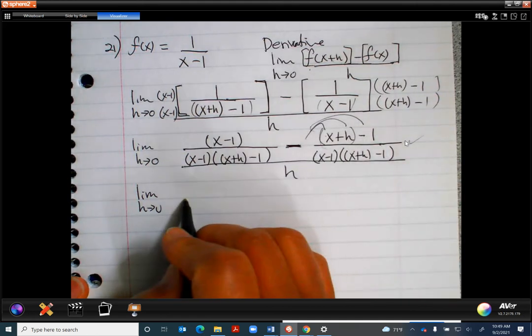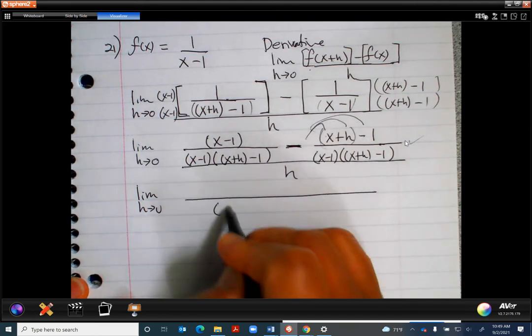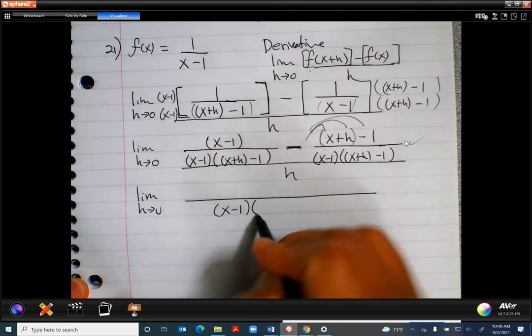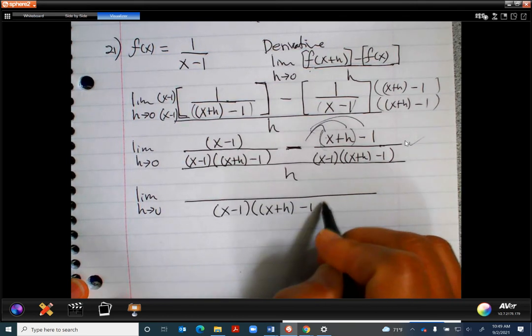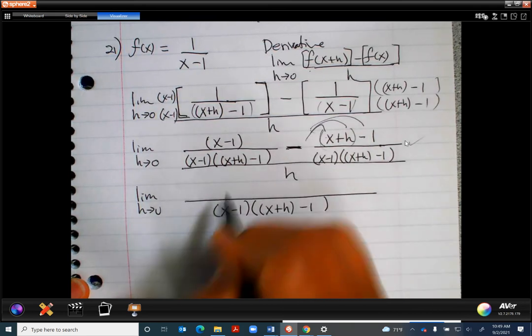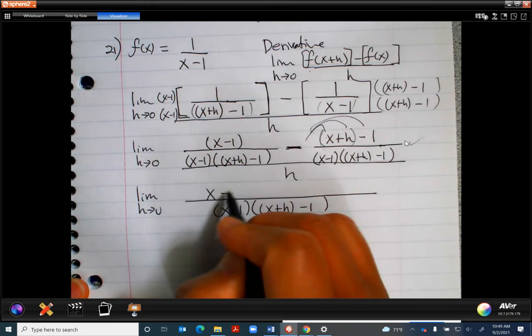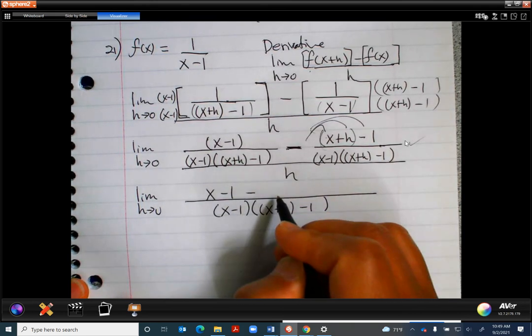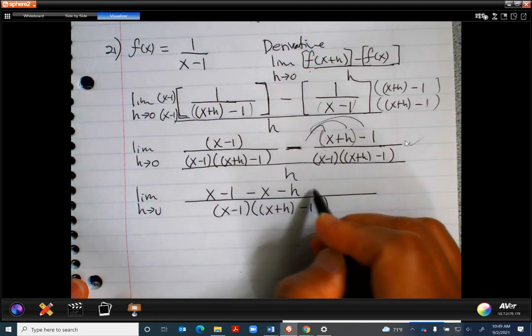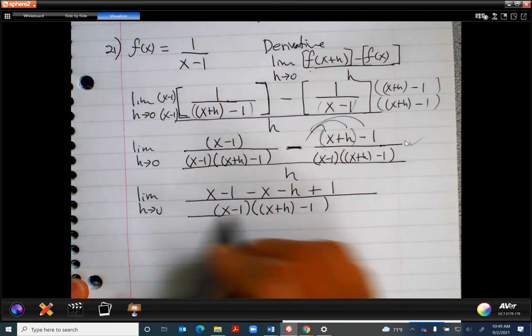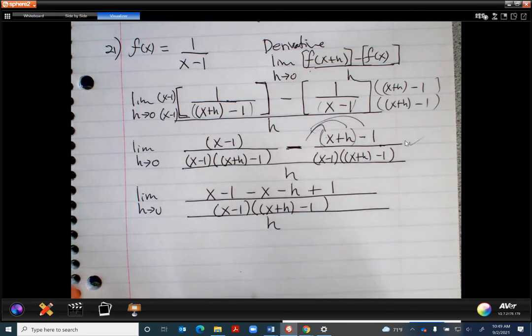So it is everything over x minus 1 times parentheses x plus h minus 1. And then on the top, we have x minus 1 minus x minus h plus 1, all over h.